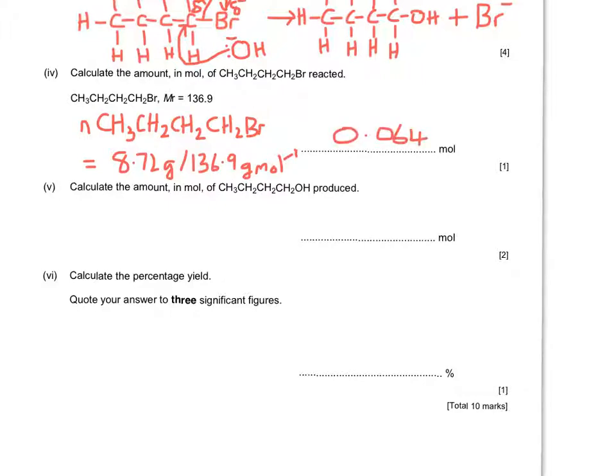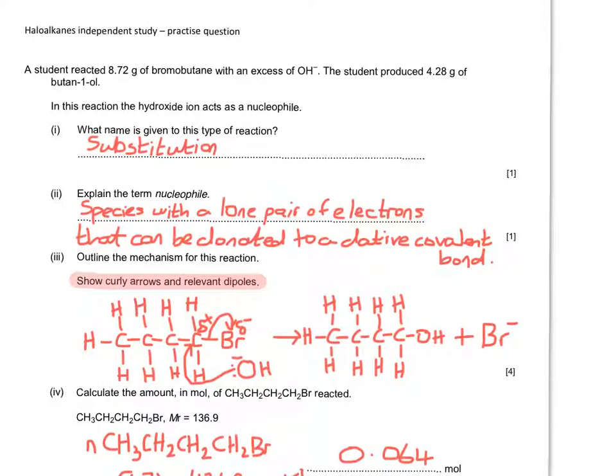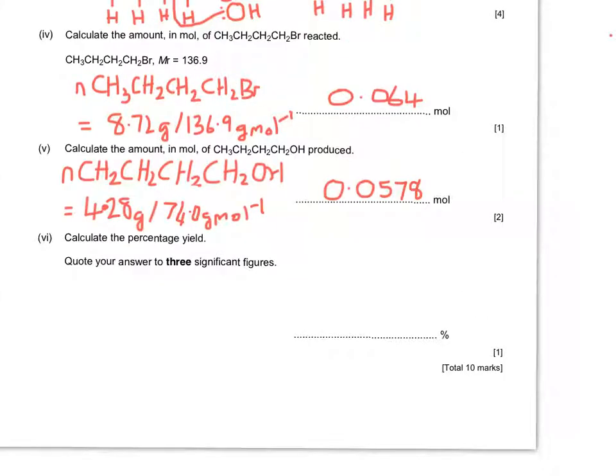The next part of the question asks you to calculate the amount in moles of butan-1-ol. So let's now go back to the beginning of the question and see if we can find out what the mass of the butan-1-ol is. So we produced 4.28 grams of butan-1-ol. So that gives us, doing the same calculation this time, 0.0578.